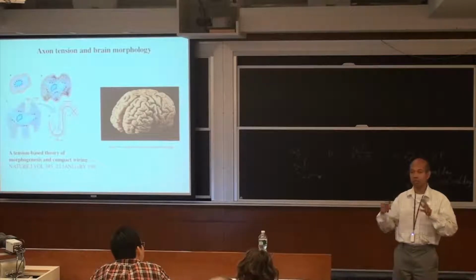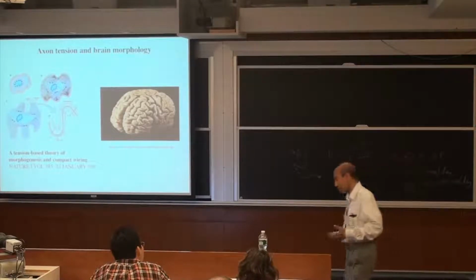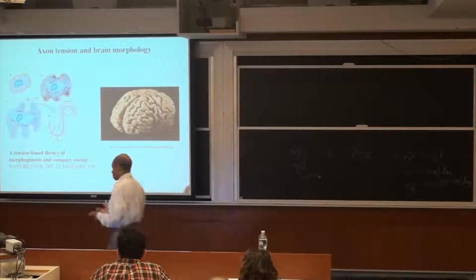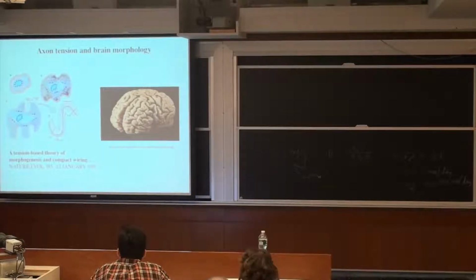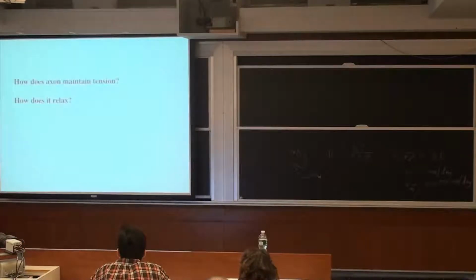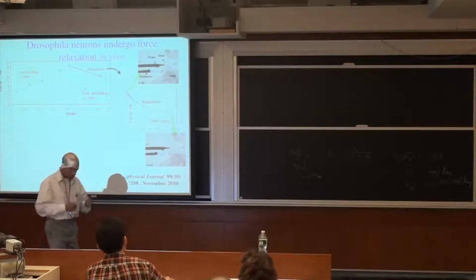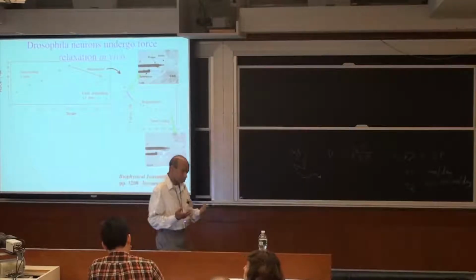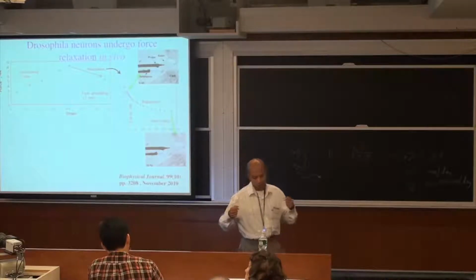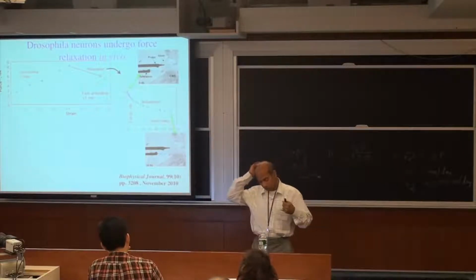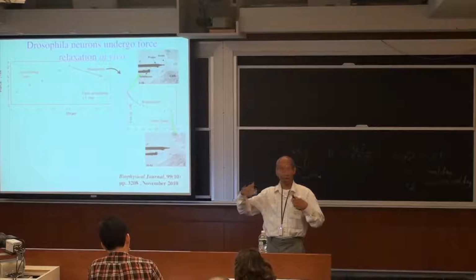Above a certain size, they see the apical folding, which indicates that the tension is probably everywhere in all size scales. Okay, so I think don't put too much attention on this data, but I think I already mentioned that the way this tension plays a role is when you stretch, the axons grow, and by growing, it can relax the tension.